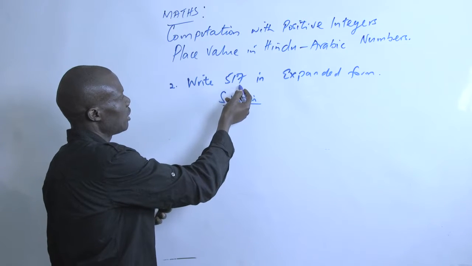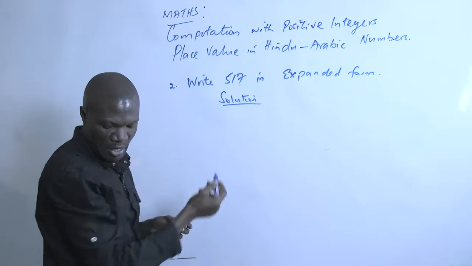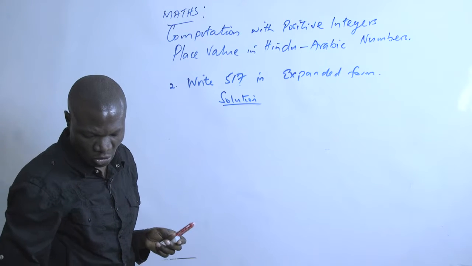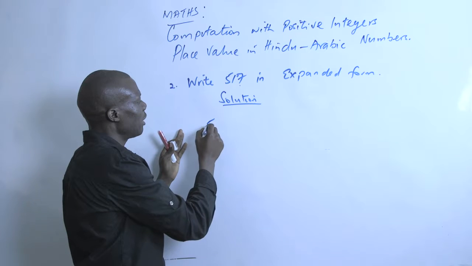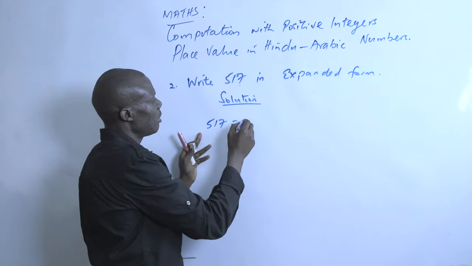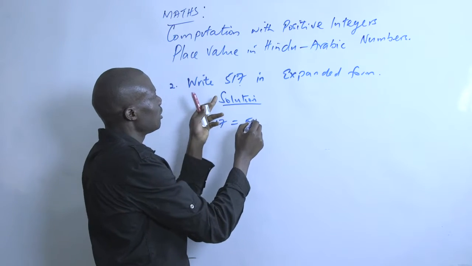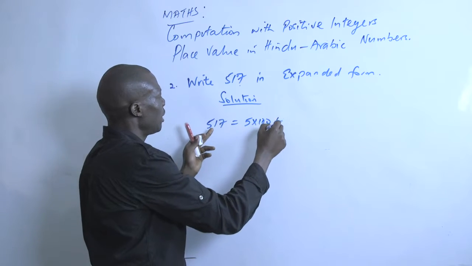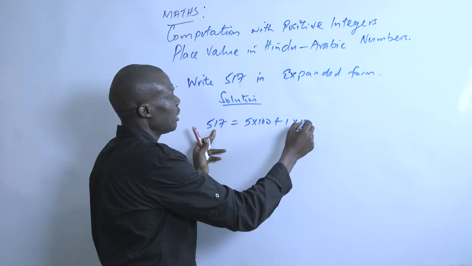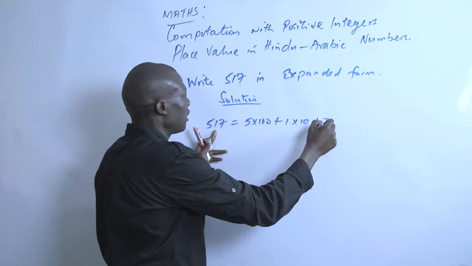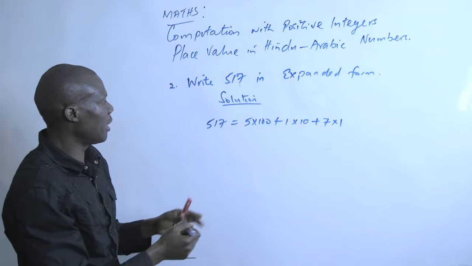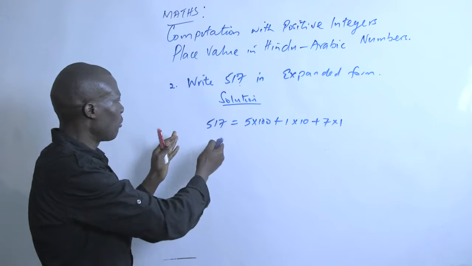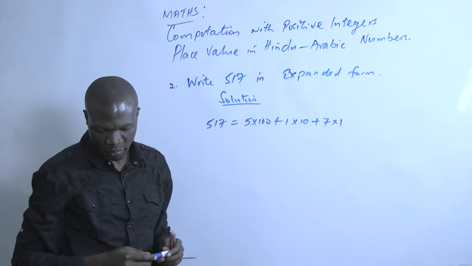As we have noticed, this is ones, this is tens, this is hundreds. So to write it in expanded form, it will mean that 517 is the same as 5 times hundreds, plus 1 times tens, plus 7 times 1. That is the expanded form of the basic numeral 517.